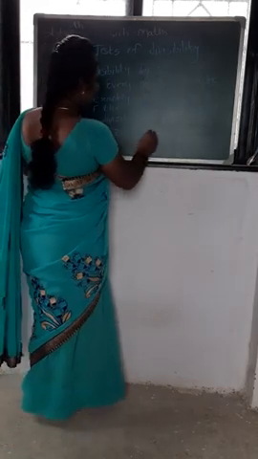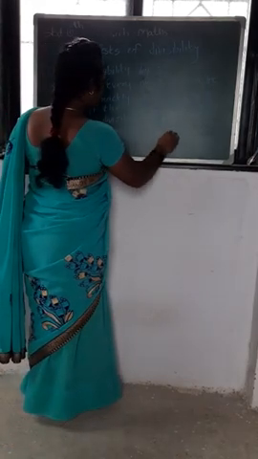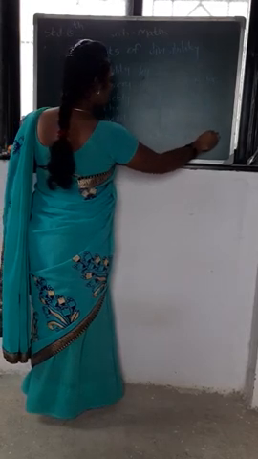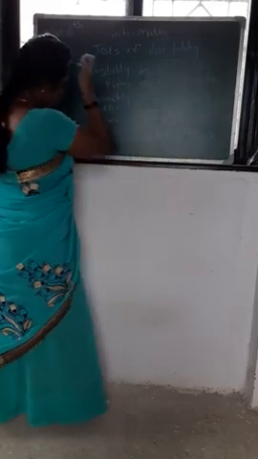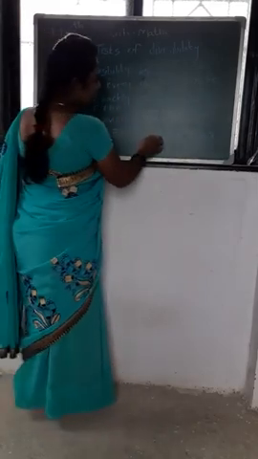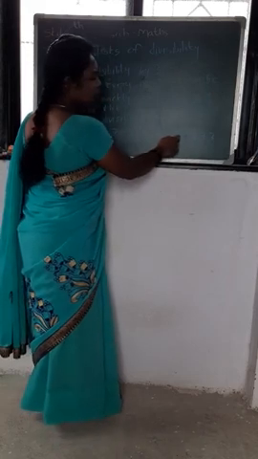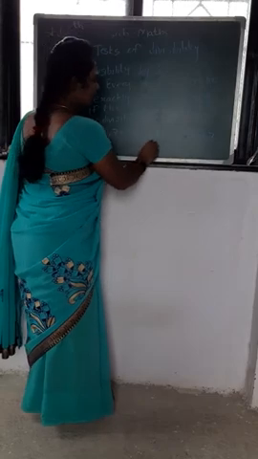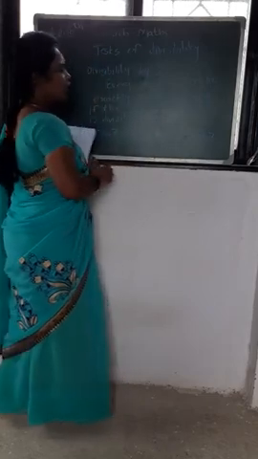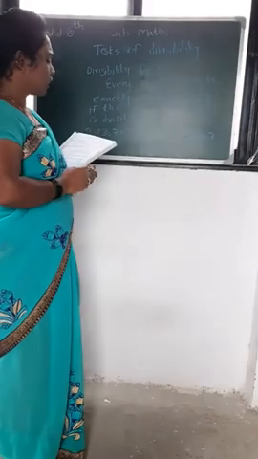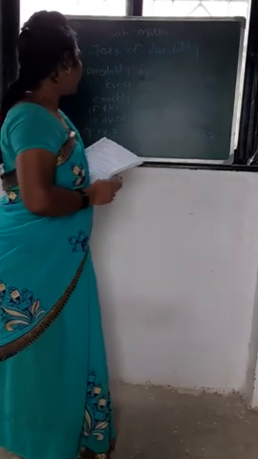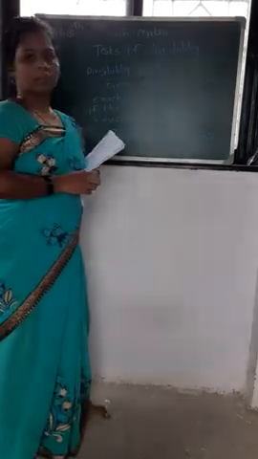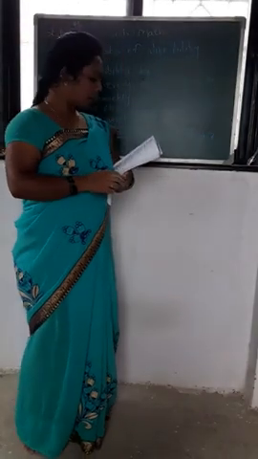That is, the sum of digits is 1 plus 3 plus 7 plus 0 plus 7. 1 plus 3 is 4, 4 plus 7 is 11, 11 plus 0 is 11, 11 plus 7 is 18. Then 18 is divisible by 3, that is 3 sixes are 18. Then the given number 13707 is divisible by 3.